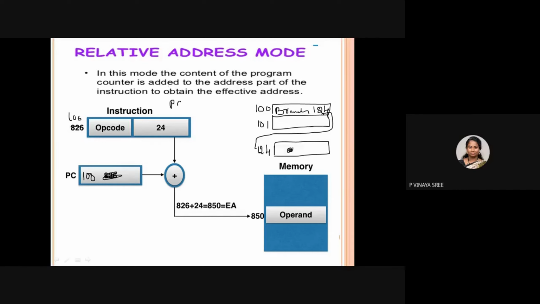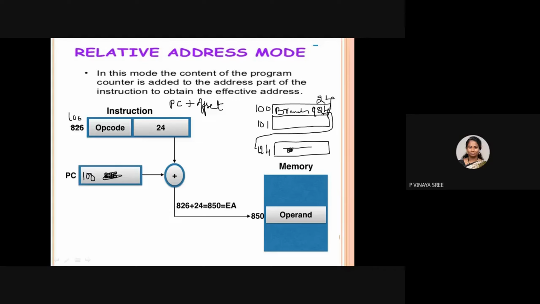We will be using the program counter contents, which is an address, plus an offset value which is available in the instruction itself, which is 24. So if you add 100 plus 24, you will go to that branch address. Instead of specifying 124, you can specify it simply as 24, so that it goes to that particular branch instruction and executes. So that is relative addressing mode.